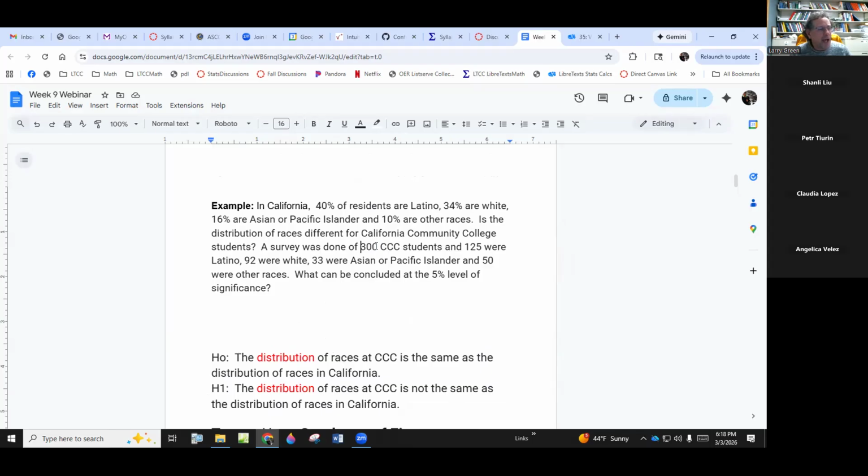How many would you expect, if it really is the same as all of California, how many would you expect would be Latino? How do you calculate that or come up with that? How would you figure out how many you would expect to be Latino on a survey of 300 California community college students given this information here?